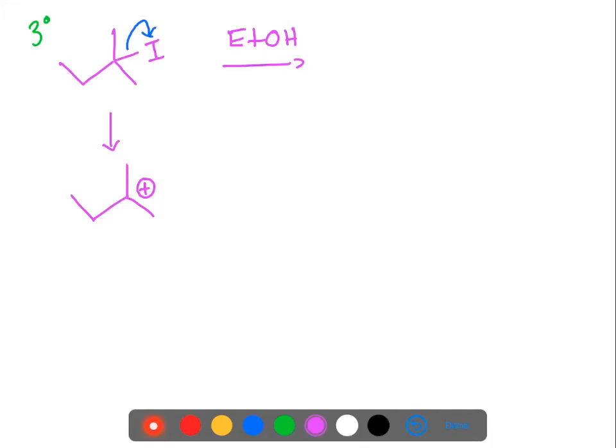And now ethanol will act as a weak base in the formation of the elimination product. So ethanol is our weak base. I'll show the hydrogen for this particular beta position.